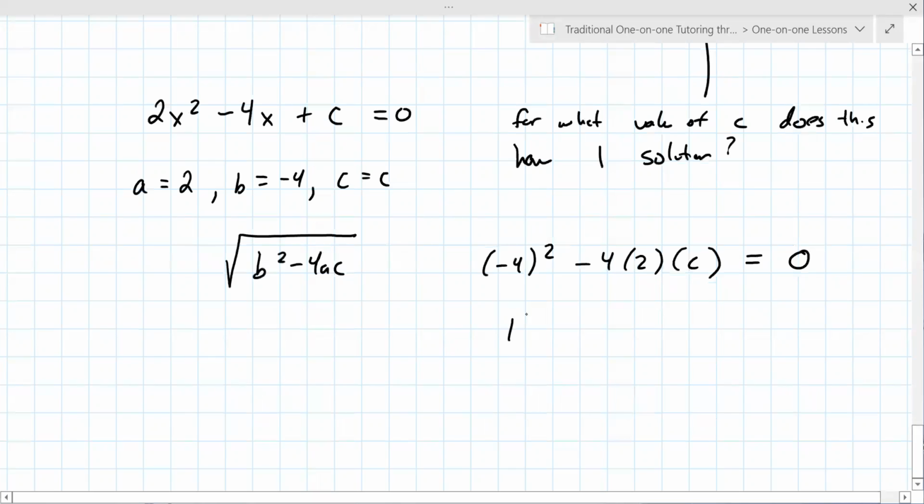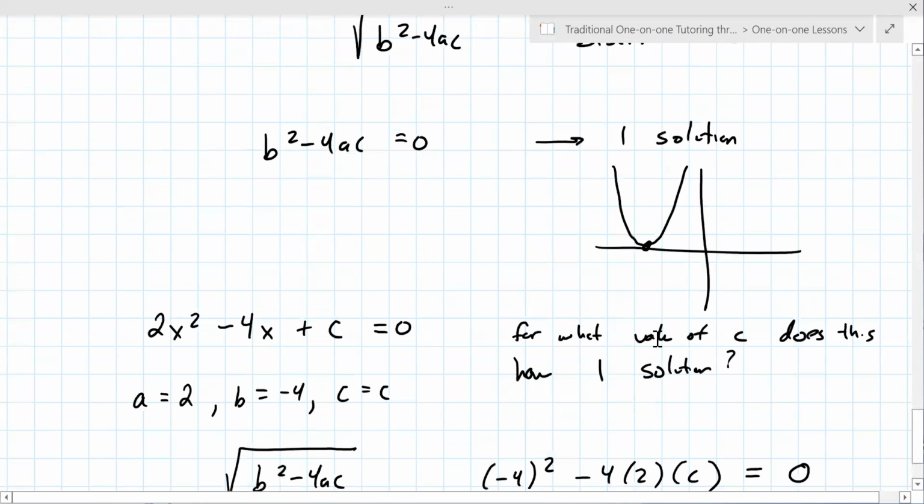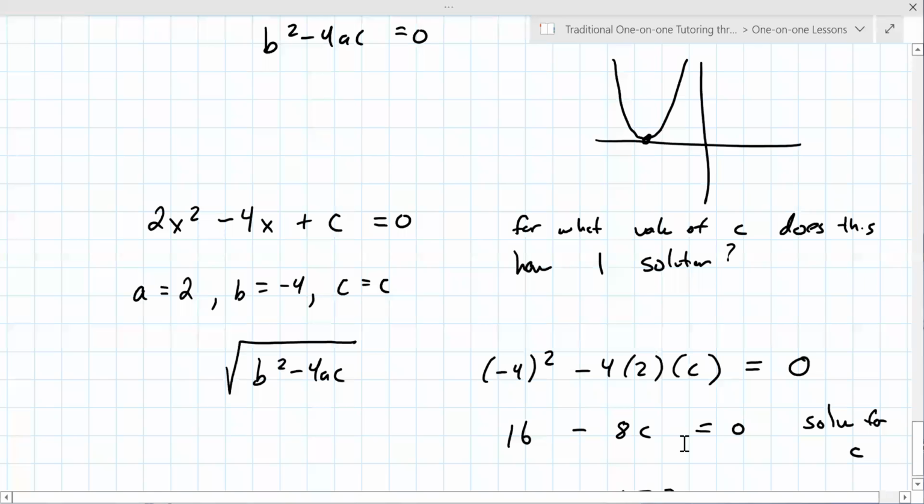So we get 16 minus 8C equals 0, and you solve for C. C equals 2, yeah. But that's encoded into this question: for what value of C, you're supposed to know to do this. And that's why we're talking about it.